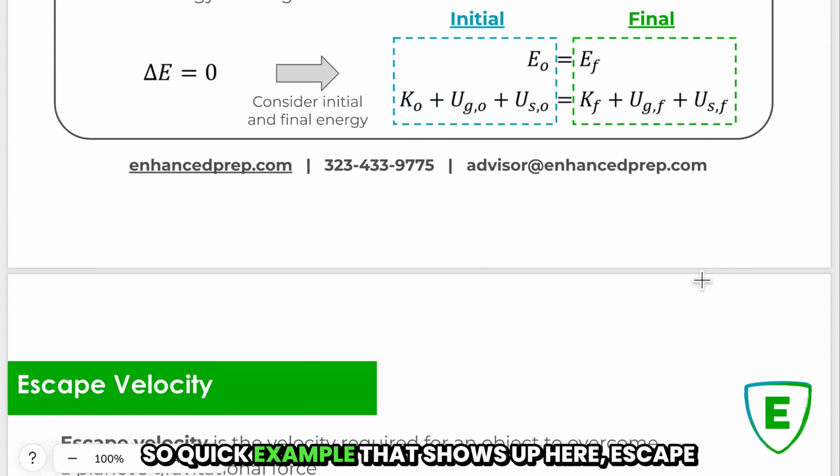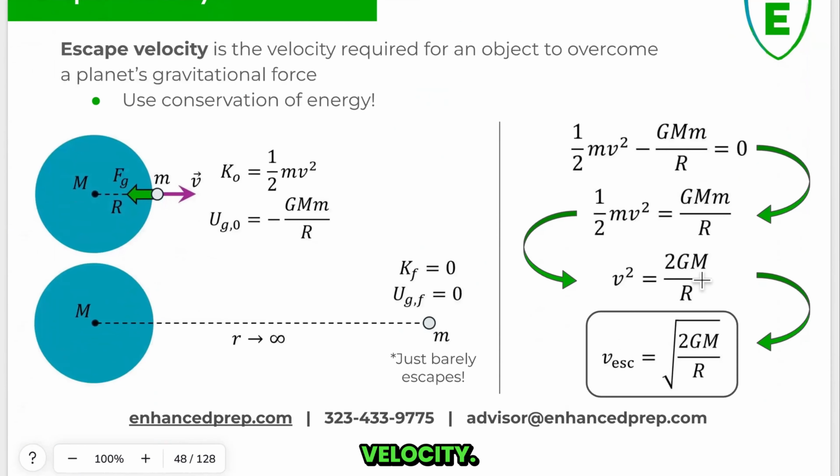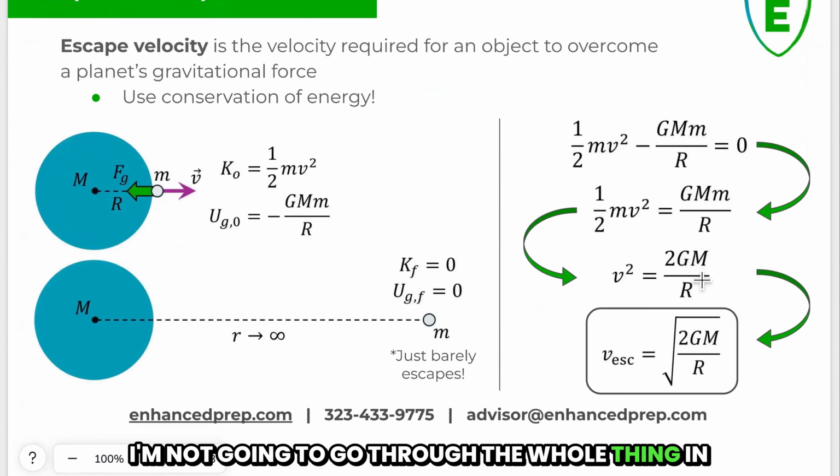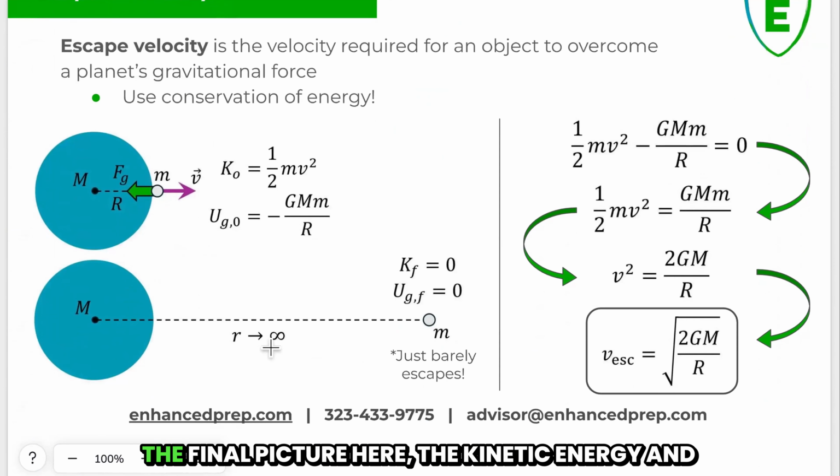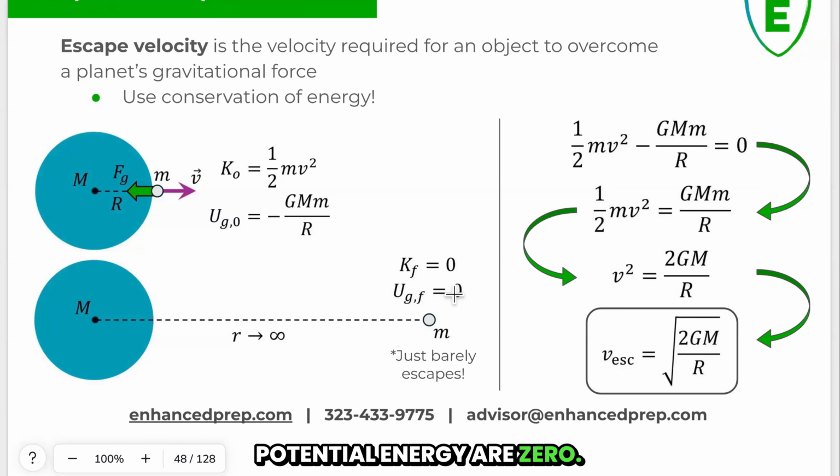So a quick example that shows up here: escape velocity. I'm not going to go through the whole thing in the essence of time. In the final picture here, the kinetic energy and potential energy are 0, so that's where it just escapes.